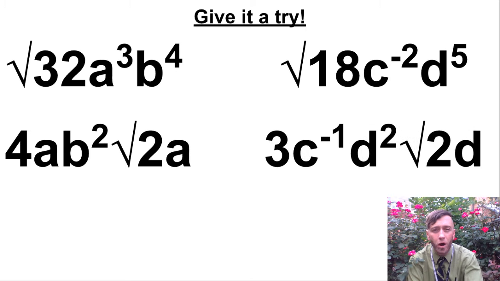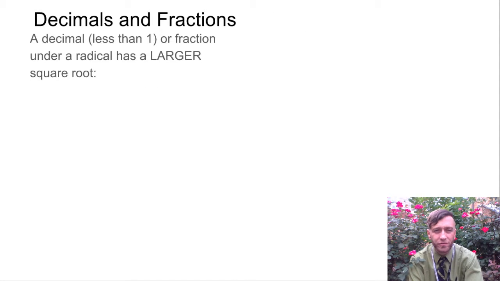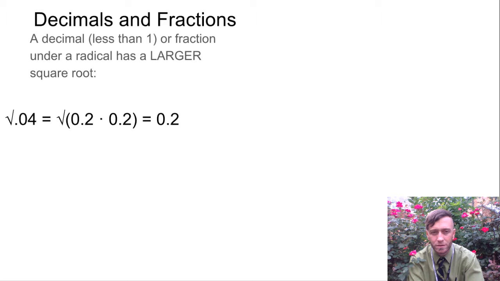All right, moving on. Decimals and fractions. Well, anytime we have a decimal or a fraction under the radical, the square root answer is larger than what you're seeing under the radical. For example, square root of 0.04 is 0.2 times 0.2. Right, so the square root of 0.04 is 0.2.